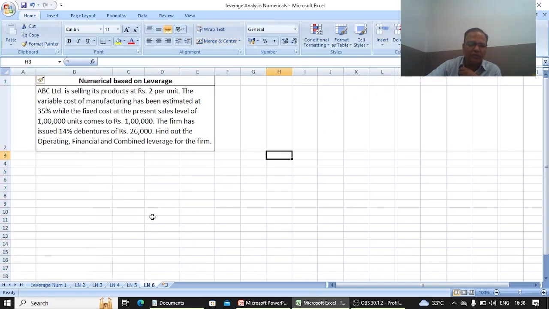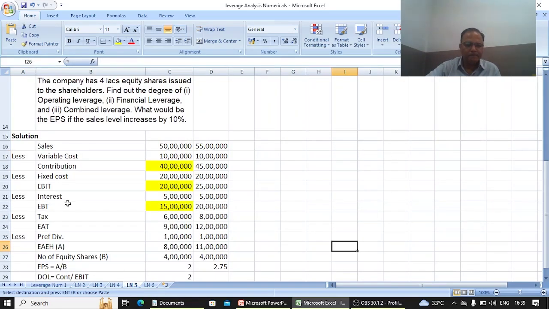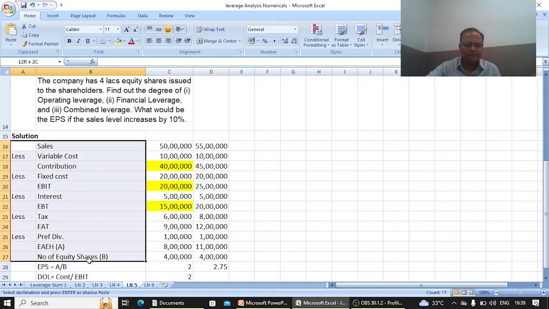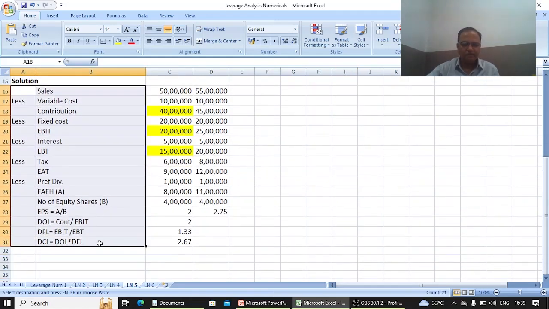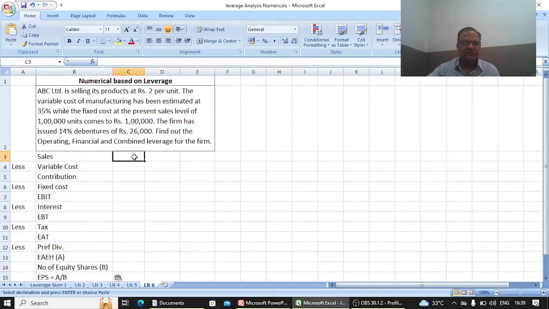After completion of this problem, chapter will be complete. Now I'm using this format.